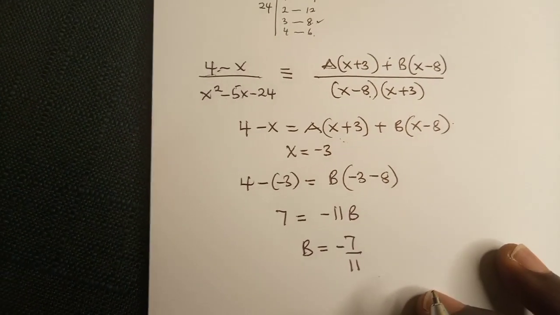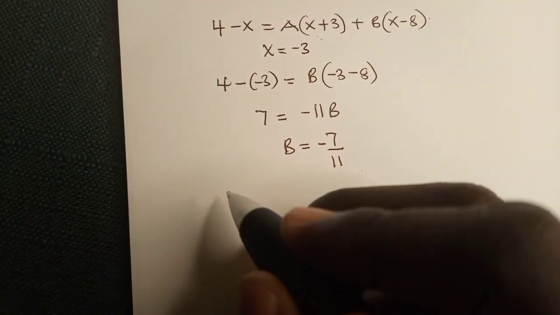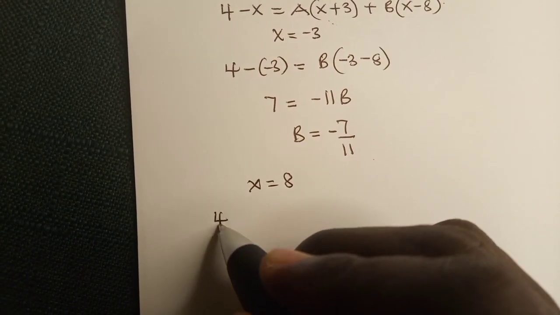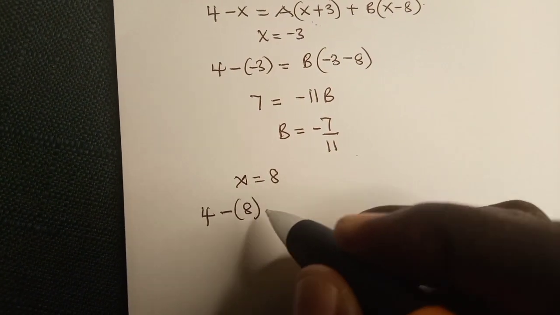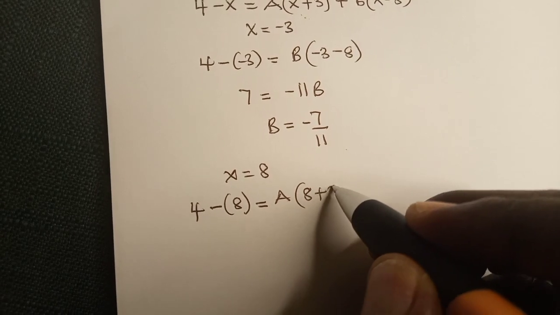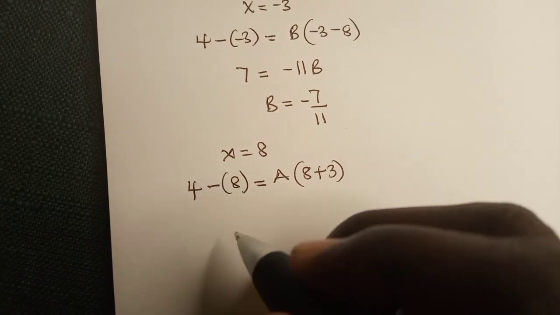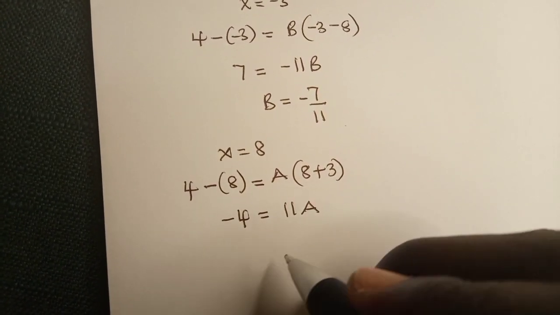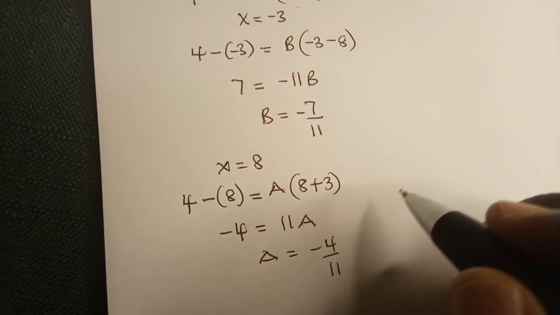We do the same thing for x equals 8. We'll have 4 minus 8 equals A bracket 8 plus 3. Here B becomes 0, so we're left with -4 equals 11A, so A equals -4 on 11.